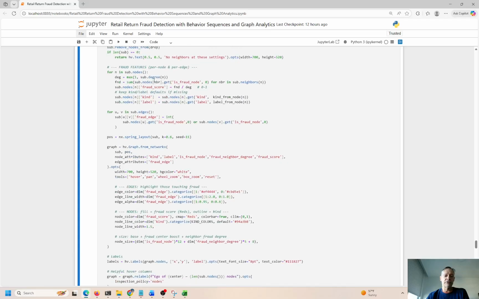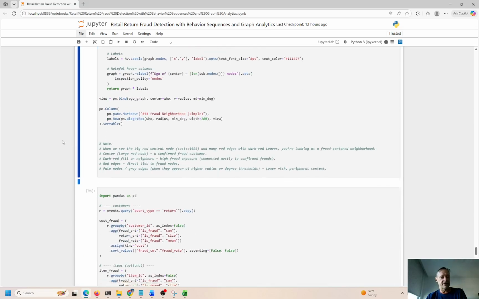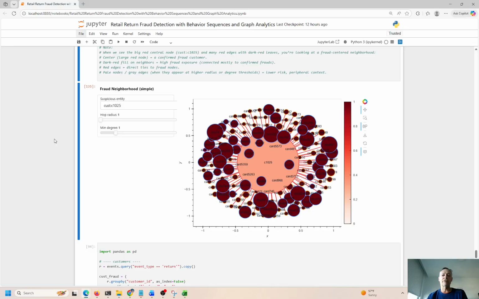So one more way of creating this graph network and plotting the results, we can look at kinds labels as fraud, fraud neighbors, and then fraud edges. These are all the connections between all the nodes. Let me press Ctrl+Enter to run this, and we can see a slightly different view, more pronounced now for actual fraud. So the darker red color, the burgundy that looks like red wine, these are the fraudulent activities.